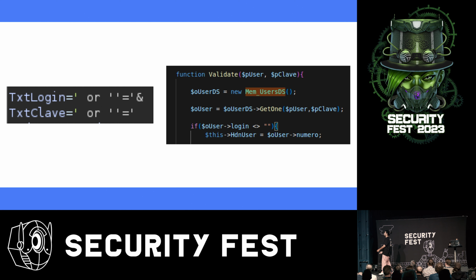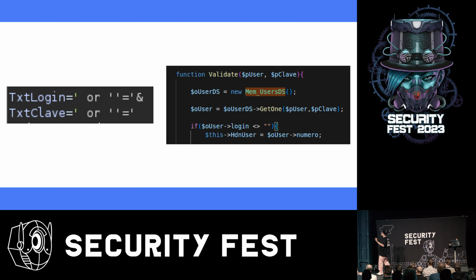But for example, in this case, the login form sent a call to a validate function, and they send two variables, the user and password, and they didn't check anything. Just as they come, they send them to another function called getOne. That was one instance from the databases. They didn't use an ORM or something like that.